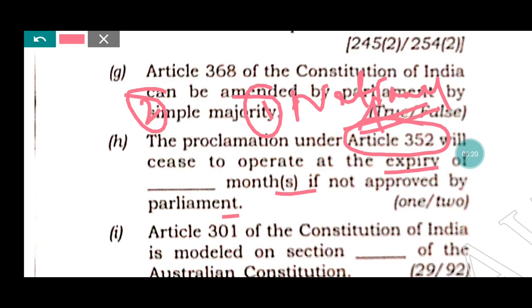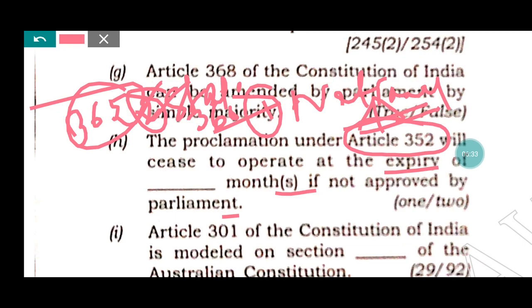So Article 352 deals with national emergency. State emergency is dealt with under Article 356, and Article 360 deals with financial emergency.